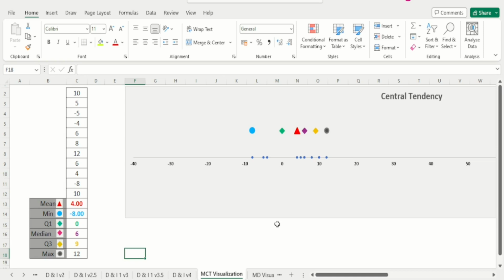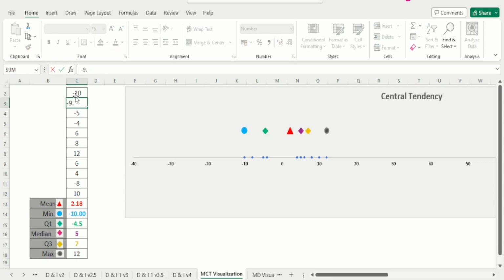And one of the ways that you can understand this is right now, for example, for this cluster of data points, you can see that the red triangle, which represents mean, is a much better representation of the center of this data set, right? Now, as an experiment, let's take a look at what happens when this data set is skewed. Okay, let's take an example of this.